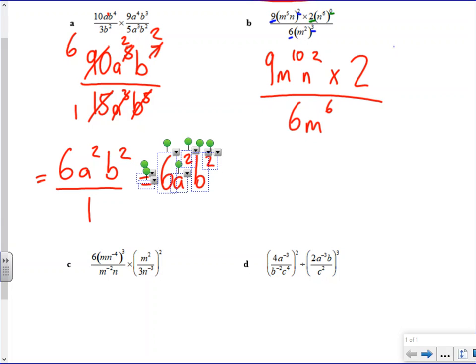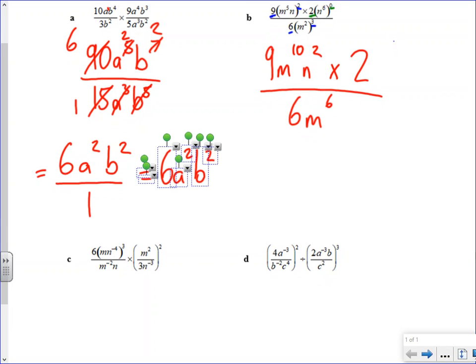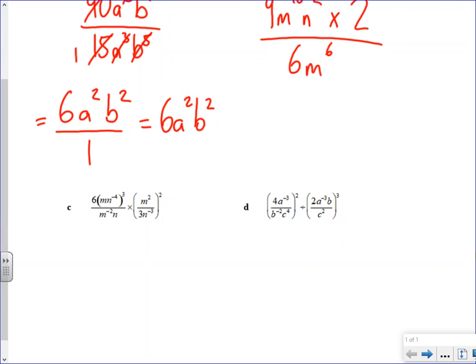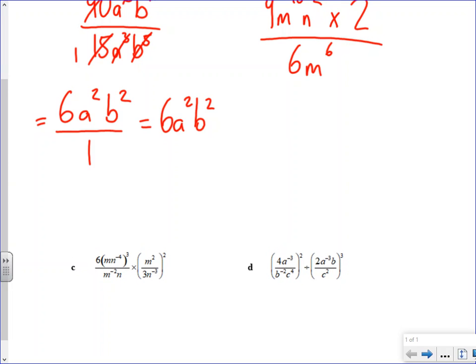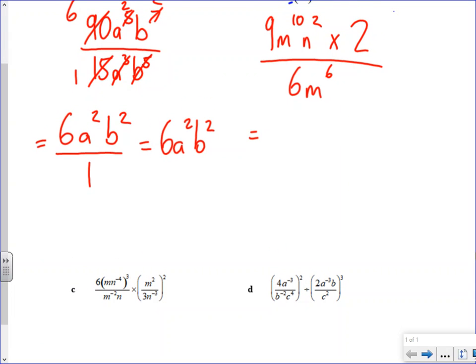From there, we can go ahead and now start simplifying this fraction. So first of all, let's sort out what's going on in the numerator. I'm just going to move this down a bit more. So we have 18, m to the power of 10, n to the power of 2, over 6, m to the power of 6. And now when we simplify, we have 18 over 6.